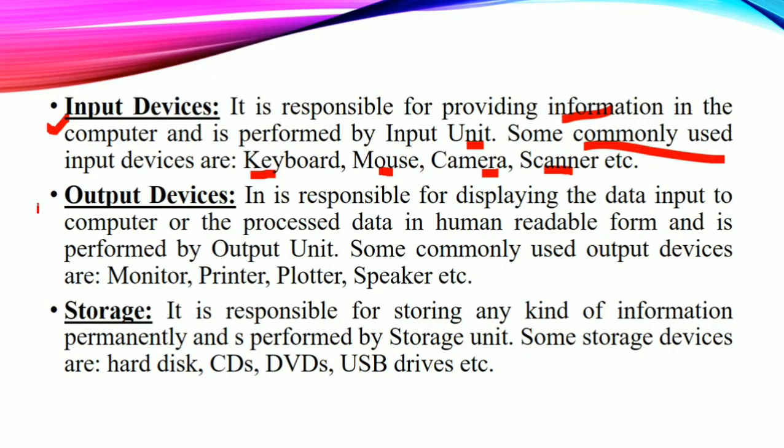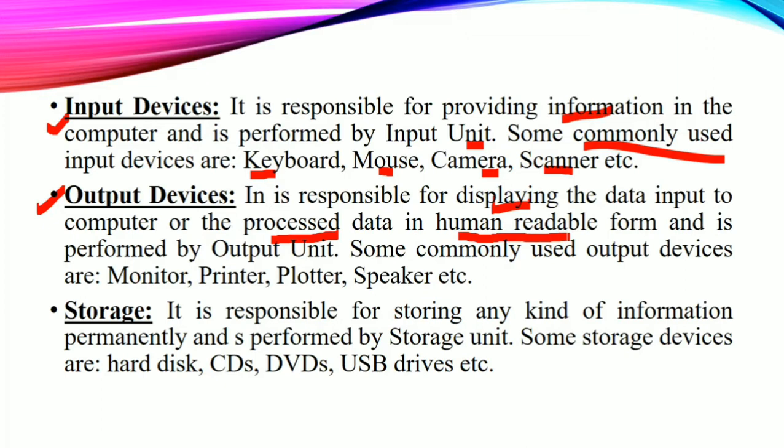Now next we have output devices. Output devices are responsible for displaying the data. These are basically responsible for displaying the data input to the computer or processed data in human readable form. Generally whenever we type anything in the computer, we are able to see that input on our computer's display.